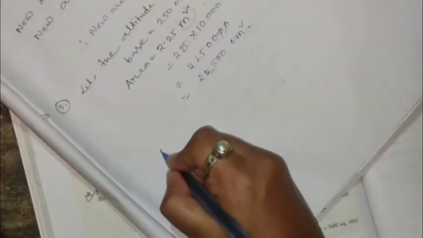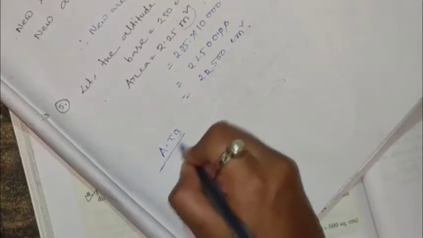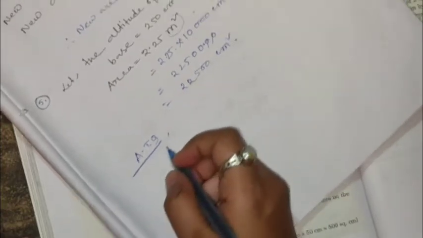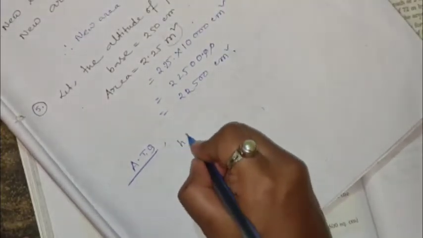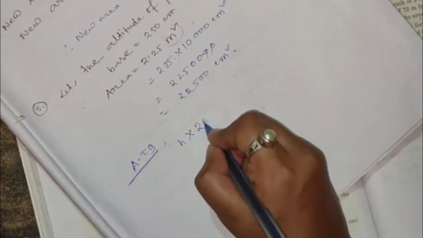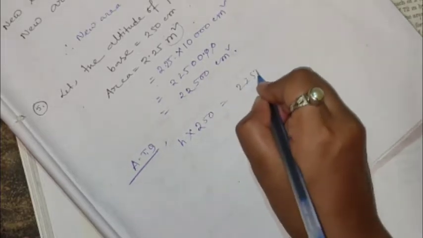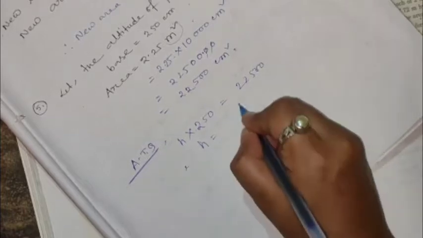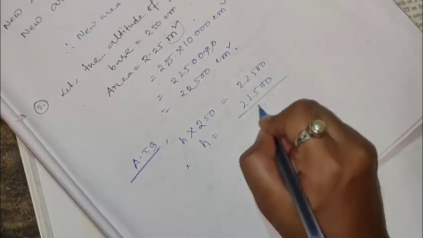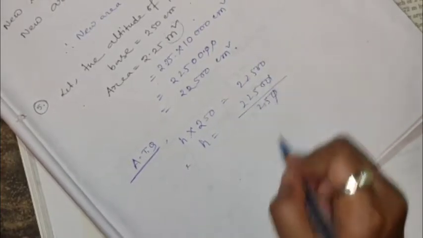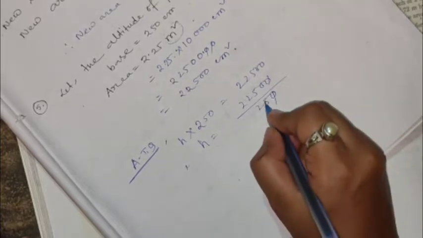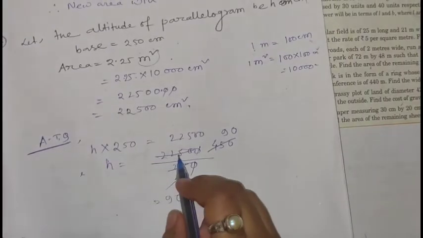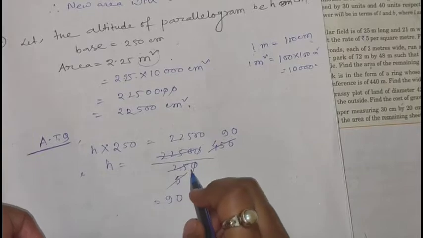Okay. So you know that the area of the parallelogram is base into altitude. So h multiplied by 250 gives this much quantity. So the value of h will be 22500 divided by 250. So we can cancel this 0.